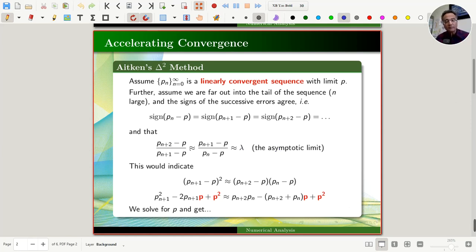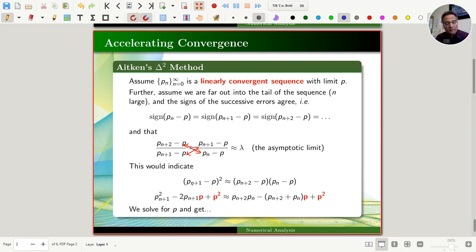Okay? If we multiply this item in this one and this one in this one, we will get (Pn+1 minus P) squared is almost equal to (Pn+2 minus P) times (Pn minus P). Okay?